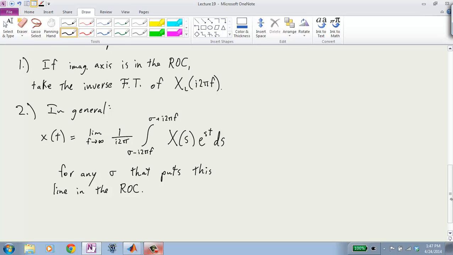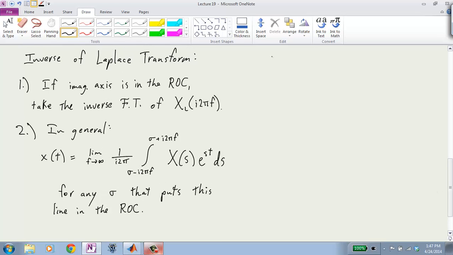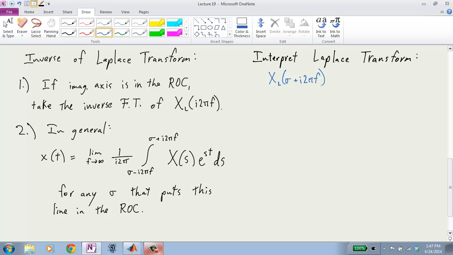Now, I'd like to explain why such an inverse works. To do that, let's go back to our interpretation we talked about last time of this Laplace transform. Remember that if we take this Laplace transform evaluated at sigma plus i 2 pi f, all I've done here is represent s as a real part, sigma, and an imaginary part, 2 pi f.